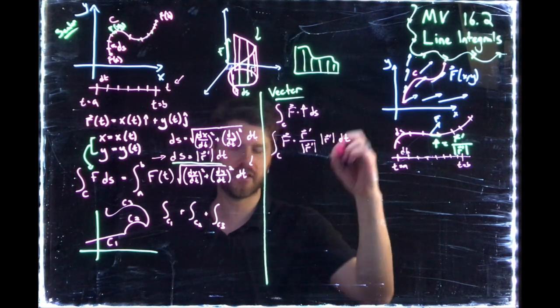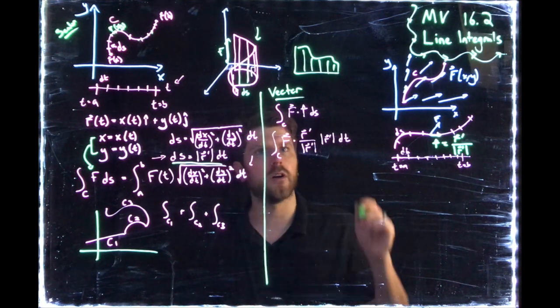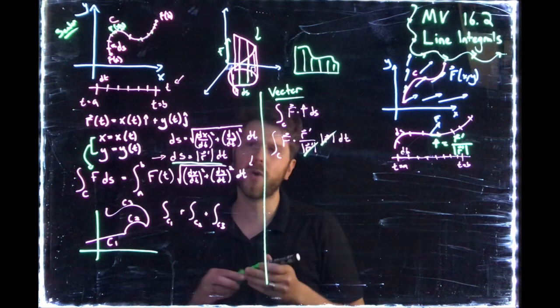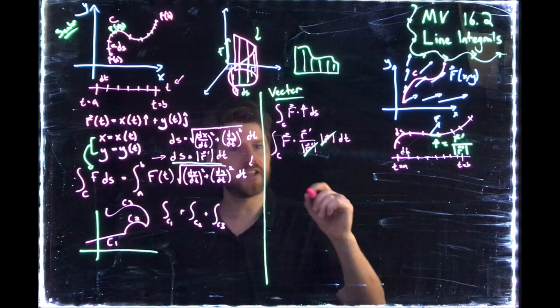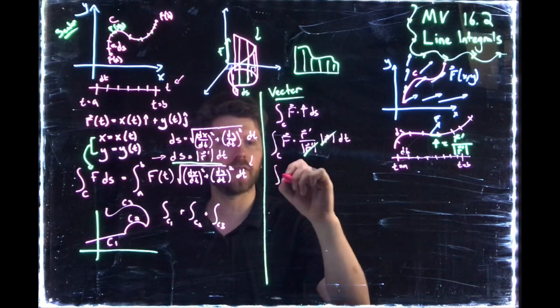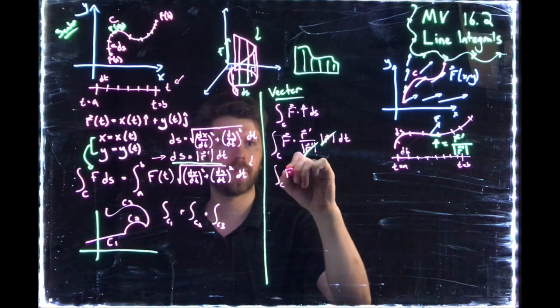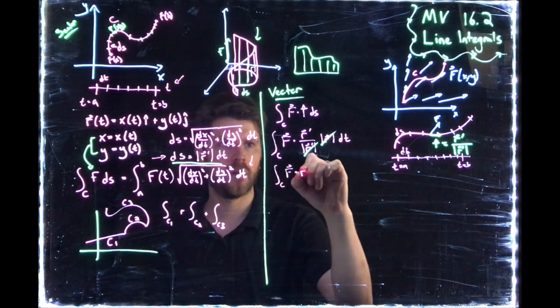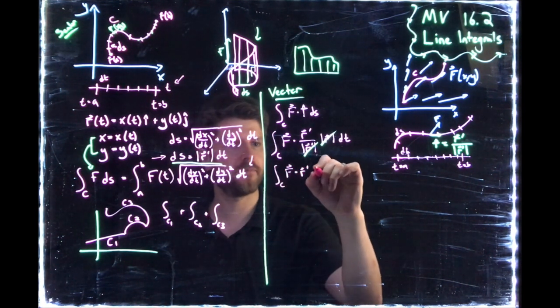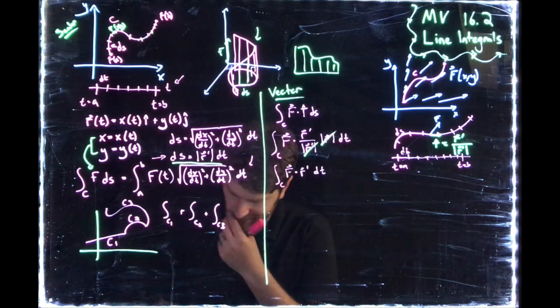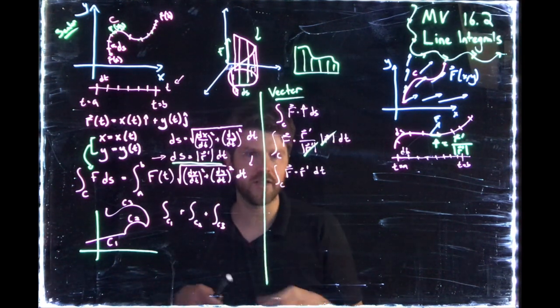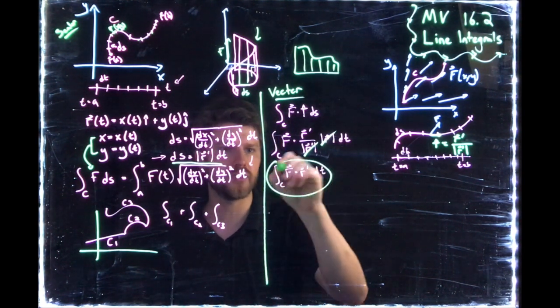So a serendipitous thing happens with our vector line integrals where that square root term cancels out. And so what we actually end up with for vector line integrals is just F dotted with r prime dt. F dotted with r prime dt. And this is a common way we will do these integrals.